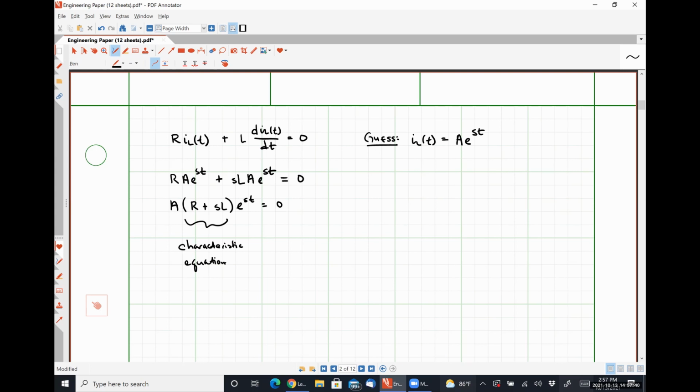That s is what's called the natural frequency of our system. So what must the value of s be to make that bit there in the middle equal 0? Negative R over L. Yeah, just the middle part.